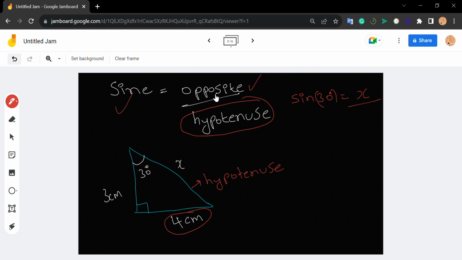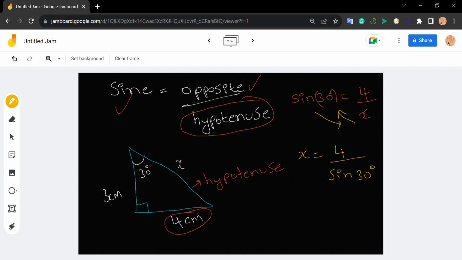Sorry, one sec. My bad. Opposite is 4 centimeters divided by the hypotenuse, which we don't know, which is x. Now using simple algebra, we're going to interchange x and sine 30. So we're going to get x is equal to 4 divided by sine 30 degrees.